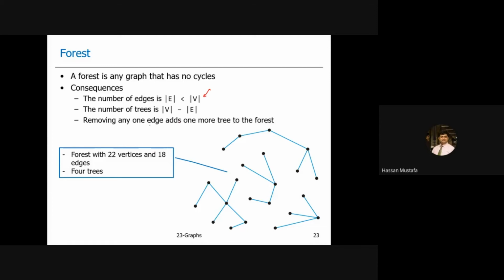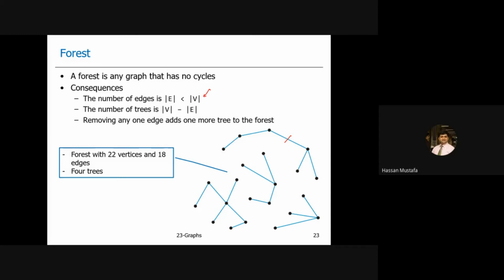If I remove any more edges, I would create more trees. So if I remove this edge, I would partition this one tree into two trees. So removing any edge from a tree divides it into two trees.